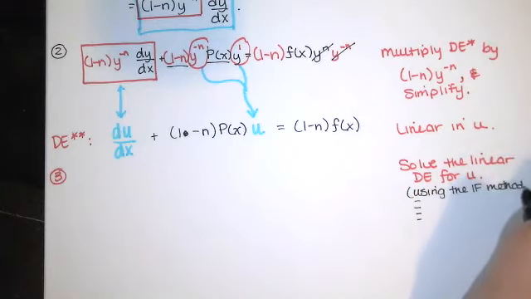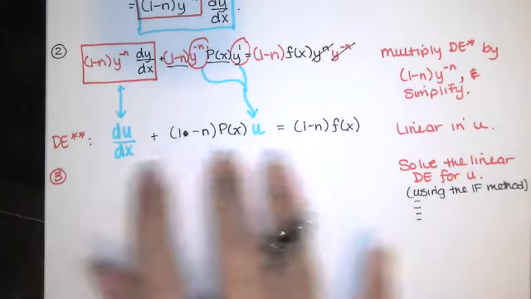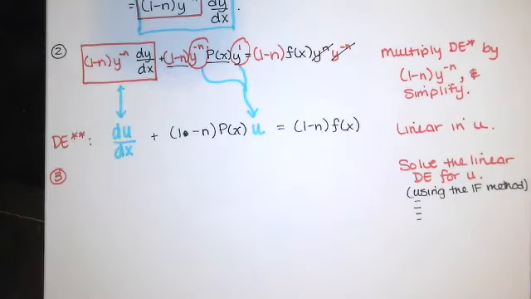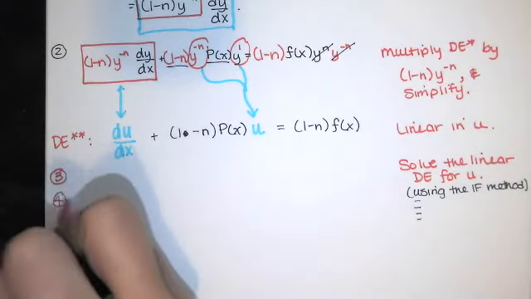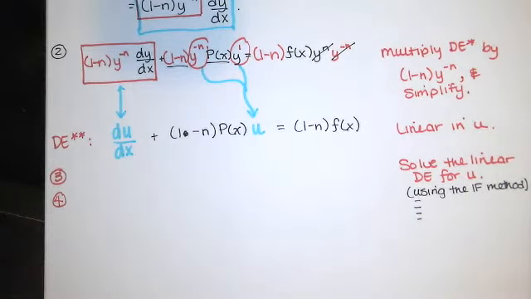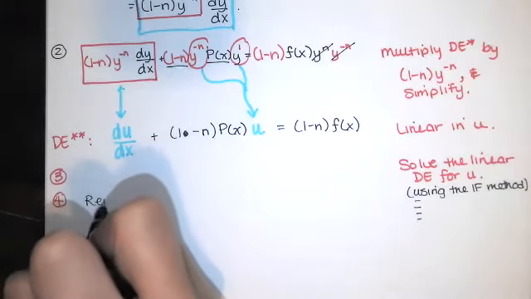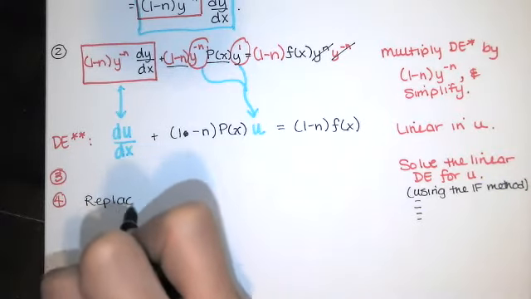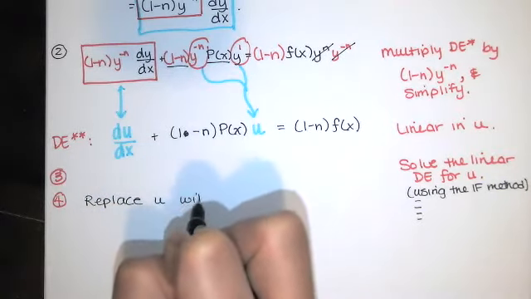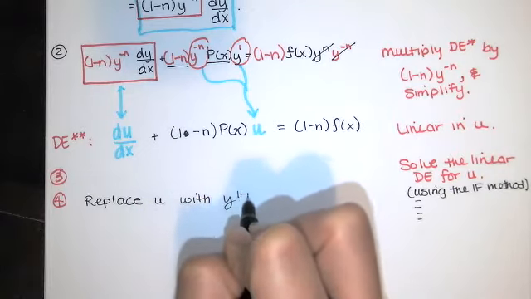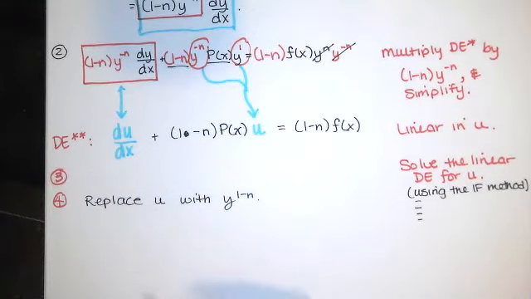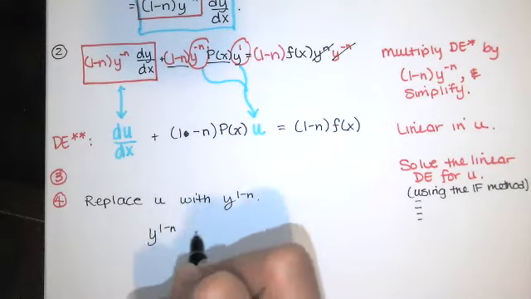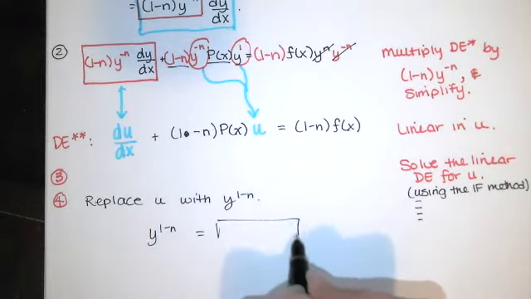to isolate u. And then after you have solved the linear differential equation for u, you're going to back substitute. So you're going to have u equals something, and then you're going to replace u with y to the 1 minus n. So you're going to have y to the 1 minus n equals some function over here.